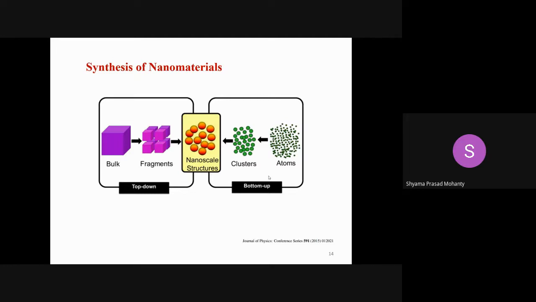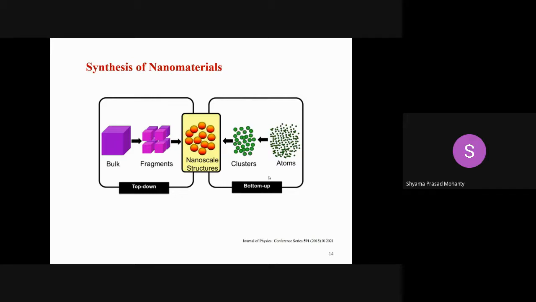In the top-down approach, you have some bulk material which you break into fragments, and they give you nanostructures when you break them down further. Whereas in the bottom-up approach, we start with atoms. So one can play around here to design the structure of these nanomaterials.